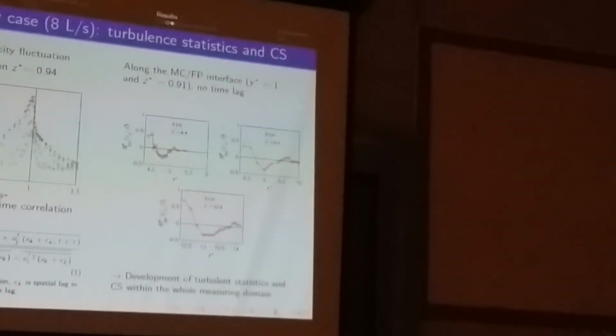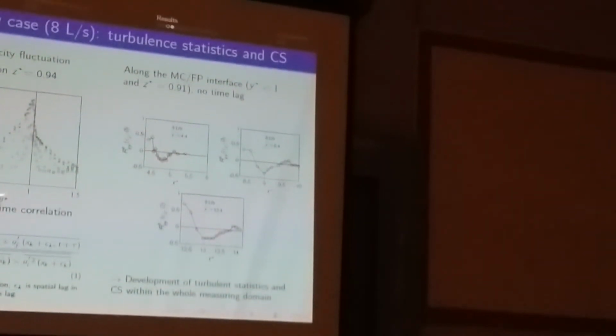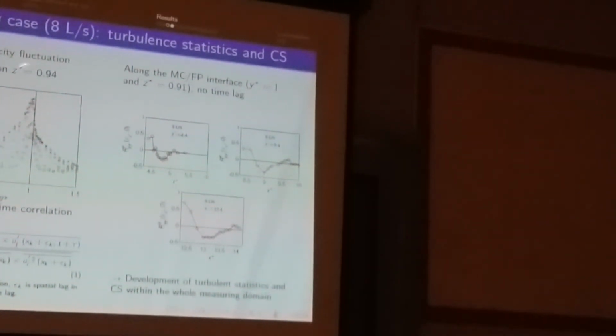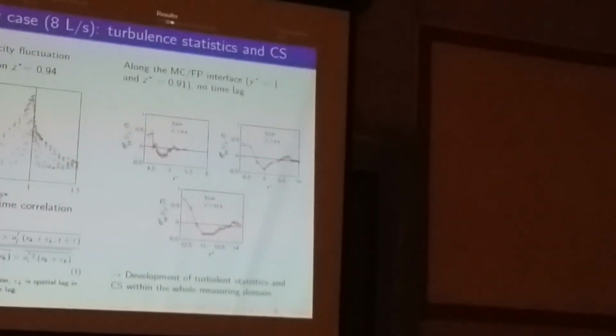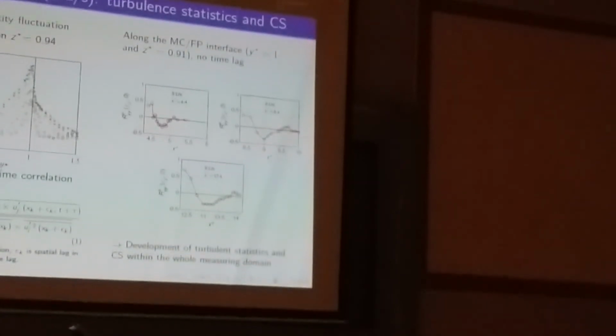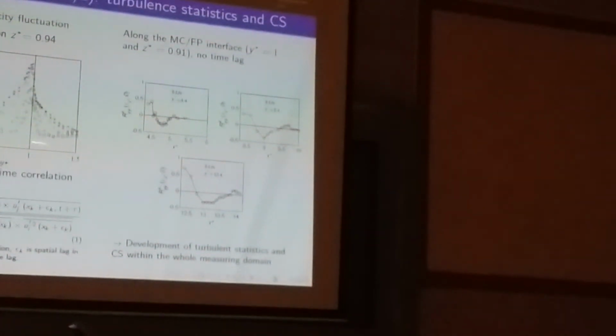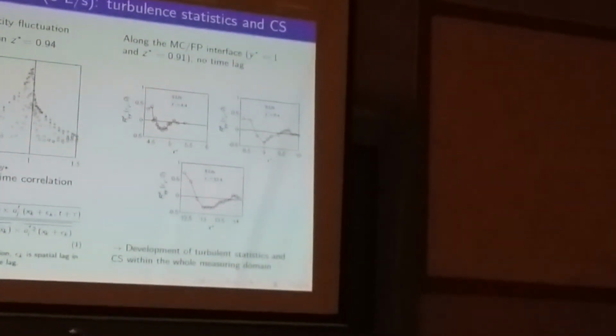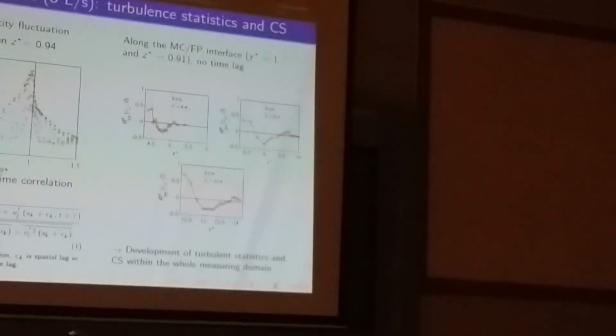And this is a transverse profile. So here you have the main channel and floodplain interface, and this is the x position. We can see that there is a development of turbulence, especially in the main channel, until the last measuring section. So the flow is not uniform based on turbulence statistics.